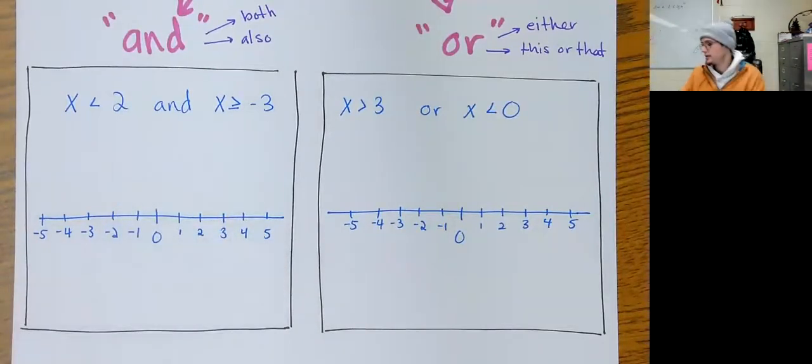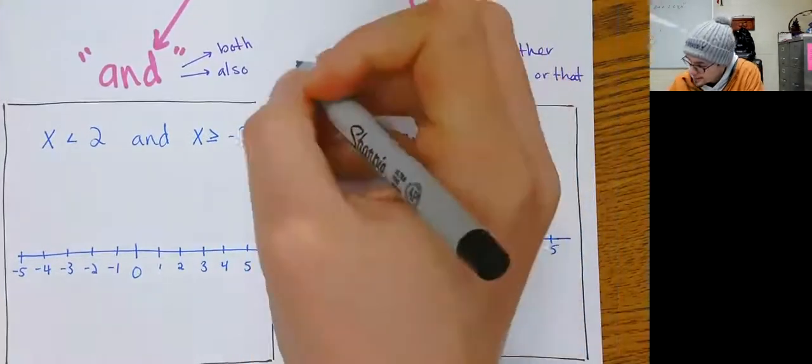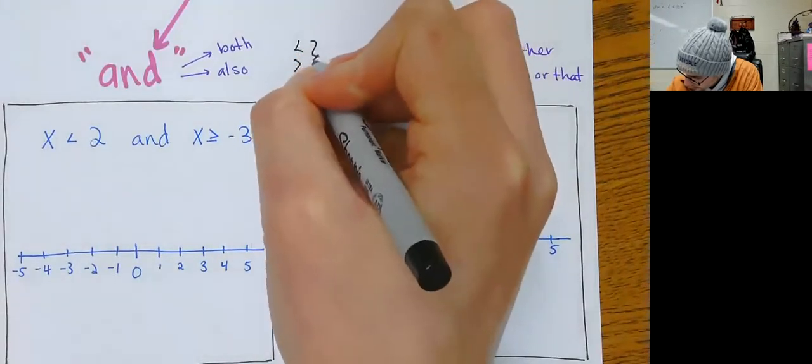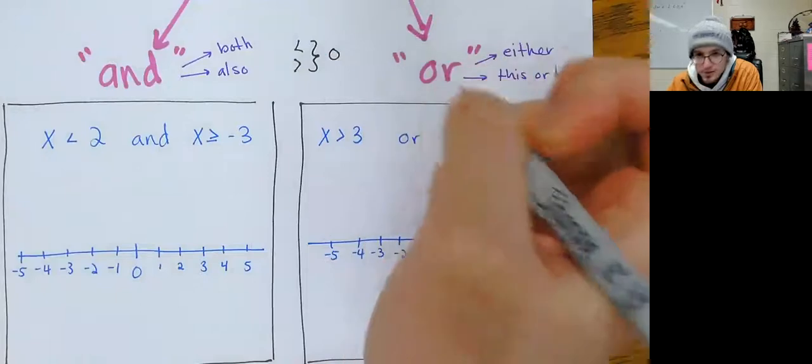If I graph this above, let me get out another color. x is less than 2. Let's put in a key above, in case you do not know your open and closed circles. Less than or greater than are open circles.